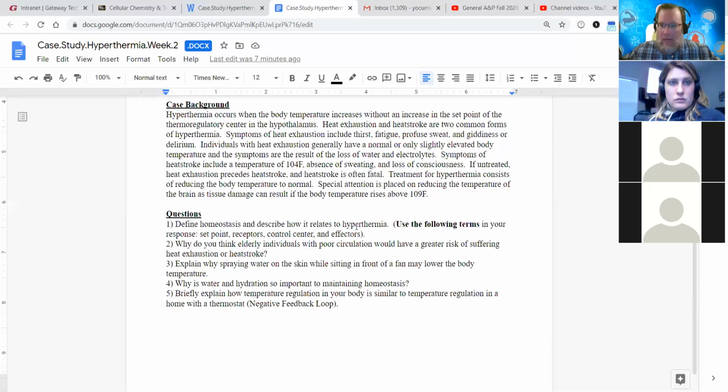But heat moves from high temperature to low temperature. So 98.6 in here; usually the heat in here is greater than the heat out here, especially today. It's 55 out here, and it's probably 68 in my basement. But anyway, heat moves from high temp to low temp.